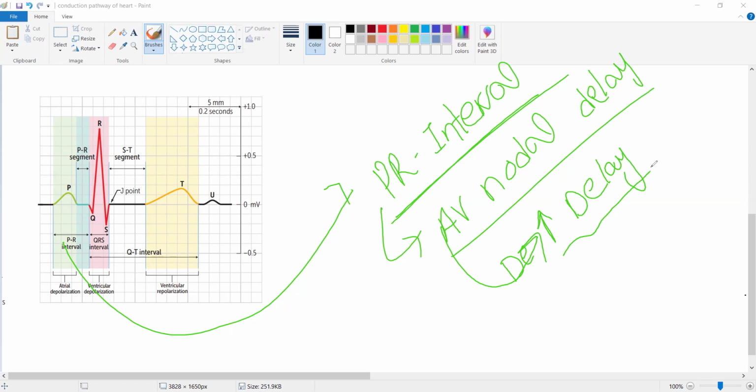If it is faster, the PR interval is decreased. Can anybody tell me one drug that increases the PR interval?